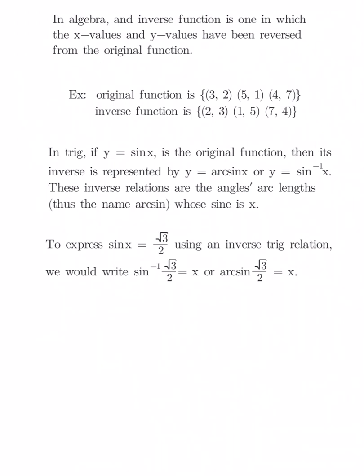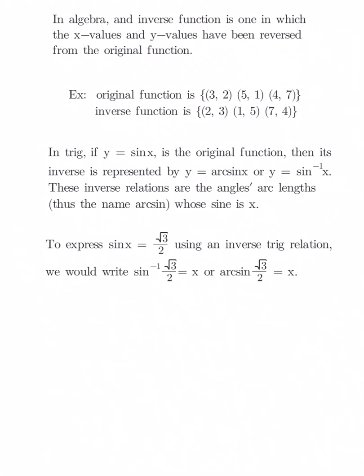If we wanted to take the expression sine of x equals square root of 3 over 2 and rewrite it using an inverse trig relation, we would write either sine inverse of radical 3 over 2 equals x, or we could also write the word arcsine of radical 3 over 2 equals x.